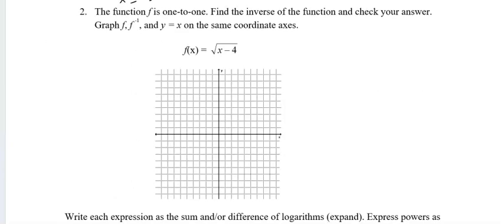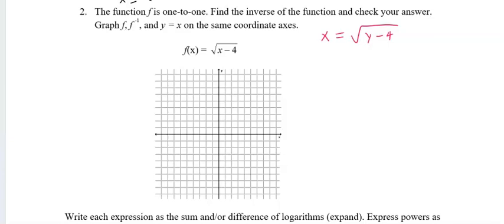All right. Number 2, the function f is 1 to 1. And so we're supposed to find the inverse of the function. So to find the inverse, we switch places with x and y. And then we solve for y.